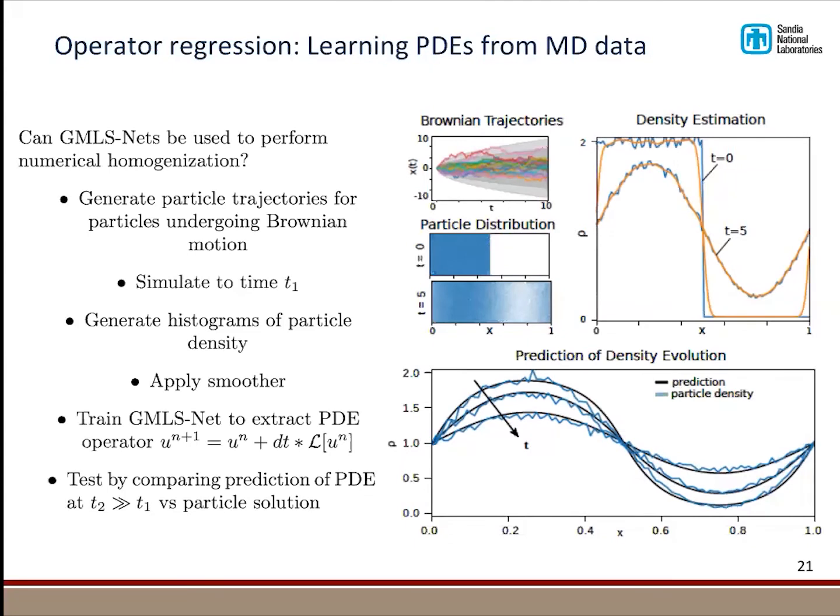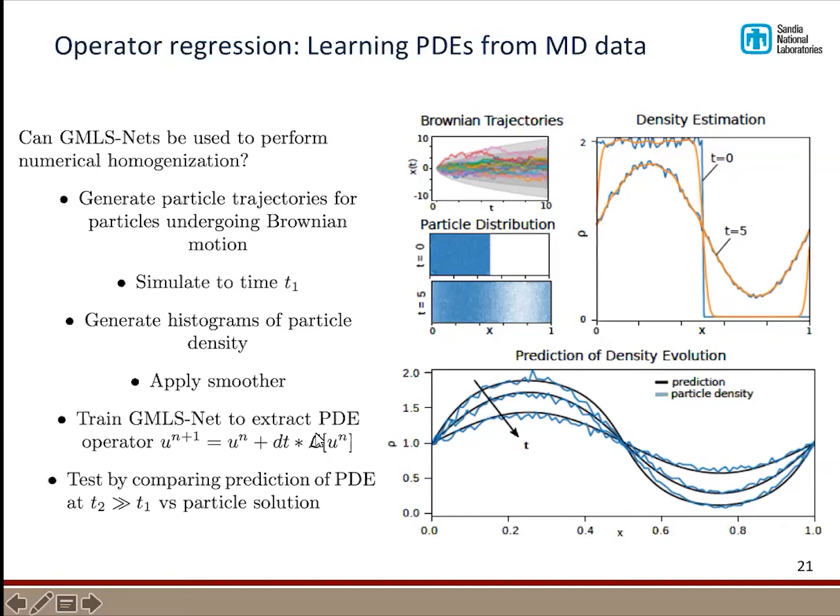So then what we'd really like to be able to do is use this to do operator regression for data-driven models. So the idea here is that we're going to do a simulation of Brownian motion at a particle level. So we take a periodic box, we run a short burst of MD simulation to evolve to a short time. And then we make an ansatz that we're trying to find an operator which will update the mean particle density of this form.